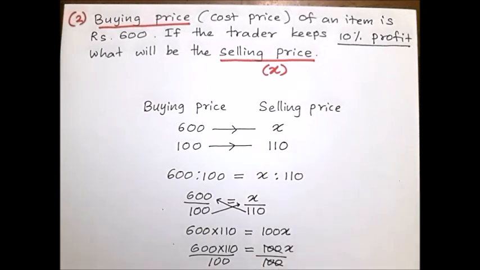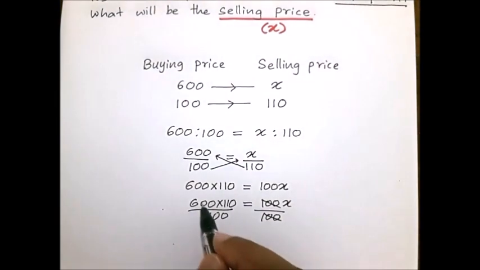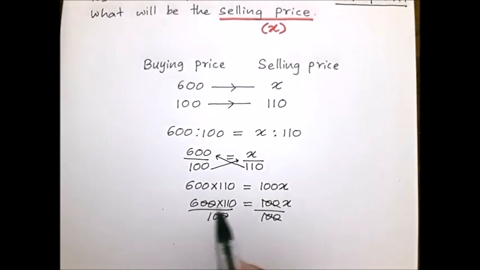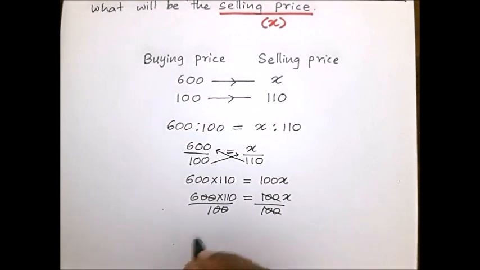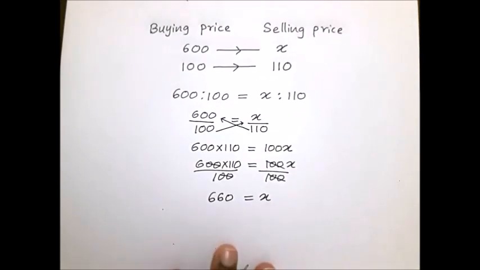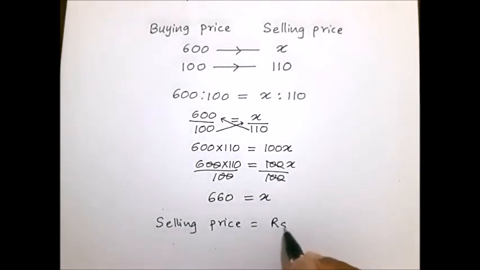These two cancel and here two zeros cancel. 6 multiplied by 110. It is 660 rupees. The selling price is 660 rupees. This is the answer for the second example.